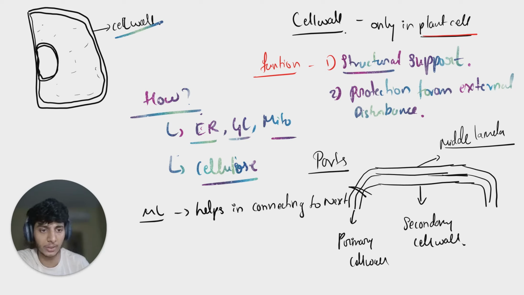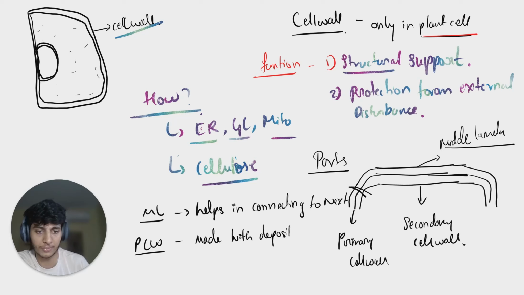The primary cell wall is made up of hemicellulose with deposition of hemicellulose.